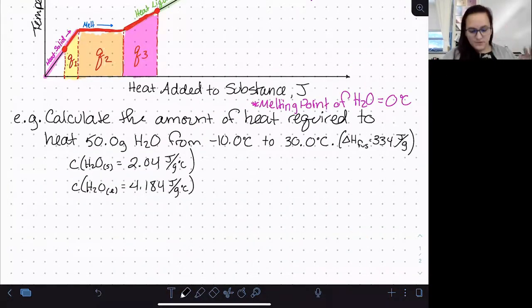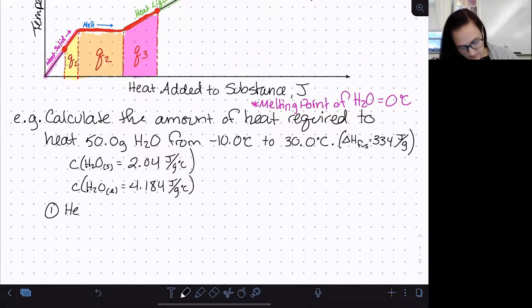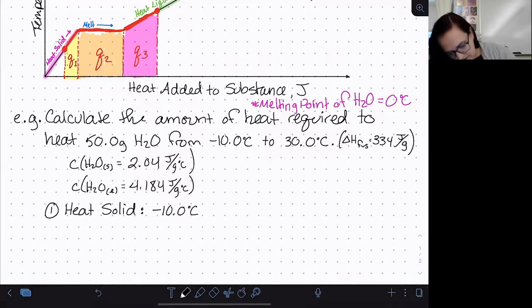So if we think about splitting this up into three different parts, there are three things that we need to do. The first thing is that we need to heat up our solid. We need to increase the temperature of the ice from the starting temperature, which was negative 10 degrees Celsius, to the melting point, which is 0 degrees Celsius.